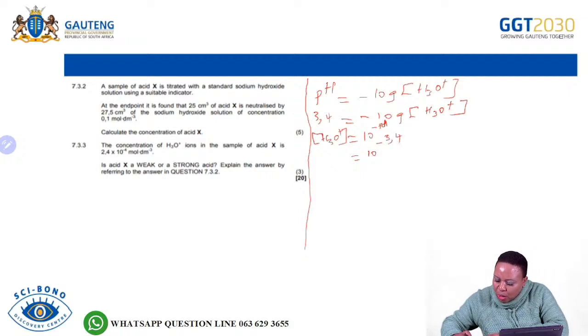Therefore, when you go to our calculator, you can just do it straight as 10 to the exponent minus 3.4.